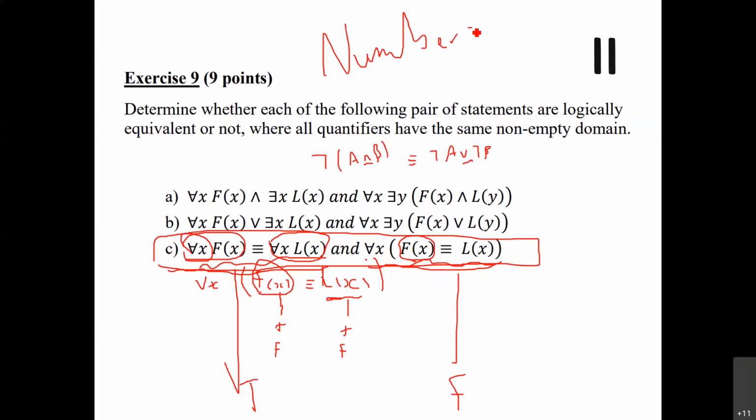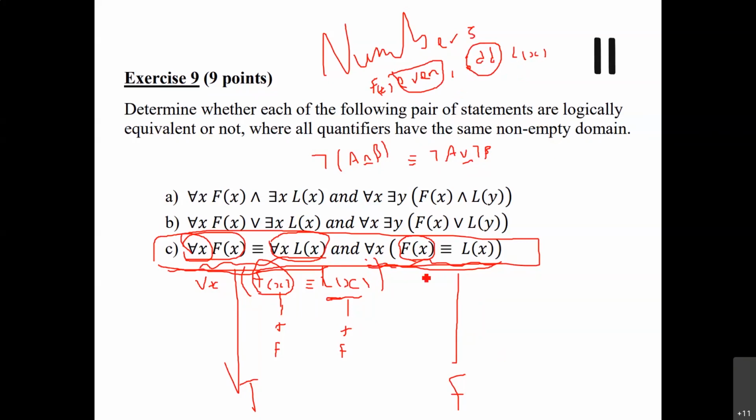But I was trying to think of something that has to do with the normal numbers that we know, something like even and odd. Okay, so assume that f of x is telling you x is even, and L of x is telling you that x is odd.